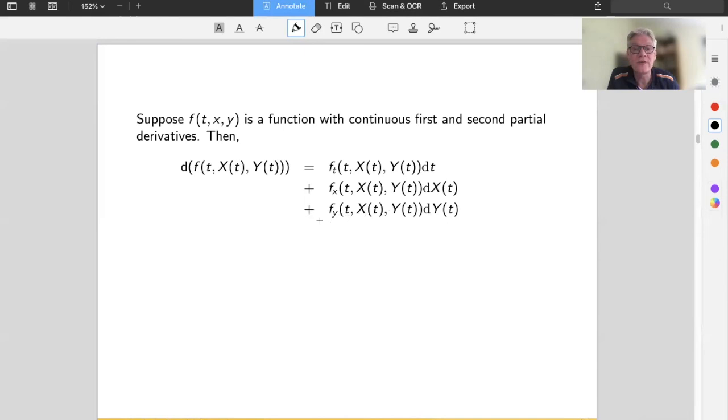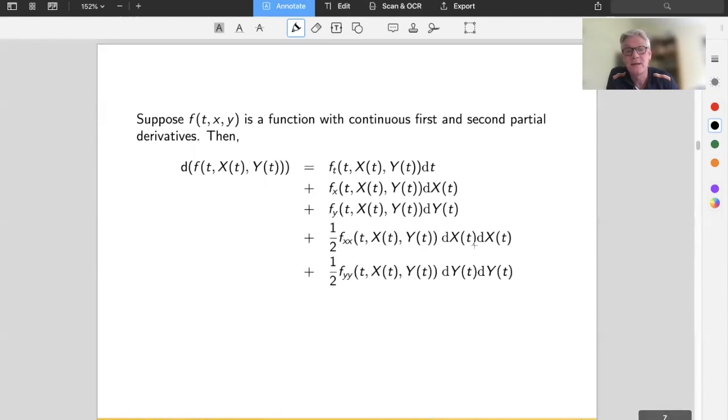And then we get the second derivatives: plus 1/2 the second derivative of f with respect to x, dx dx, plus 1/2 the second derivative with respect to y, dy dy, plus 2 times the mixed term. So 2 times 1/2 makes 1, so plus the mixed second derivative of f with respect to x and y, times dx dy. That is the multidimensional or the two-dimensional Ito-Doeblin formula.